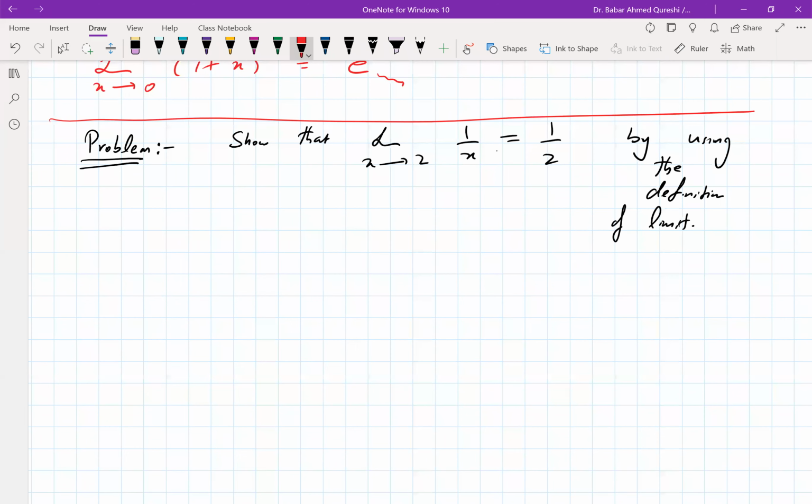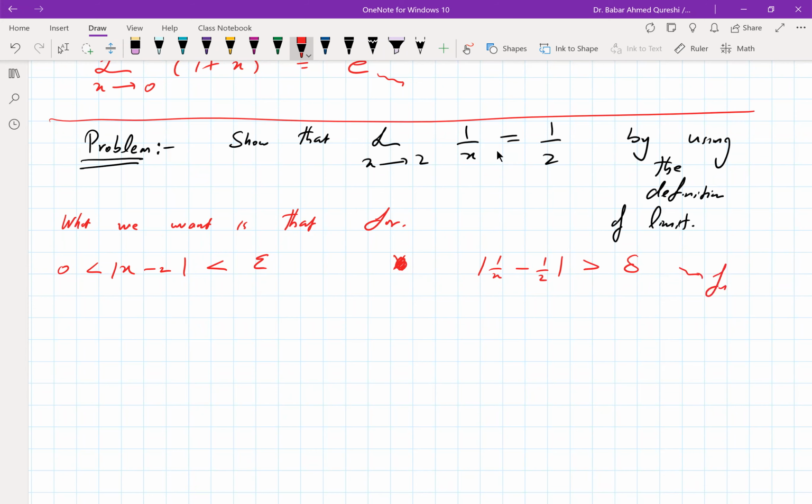Now, what you have is, what we want is that for x minus 2 less than epsilon and greater than 0, you want this kind of thing coming out, greater than delta.